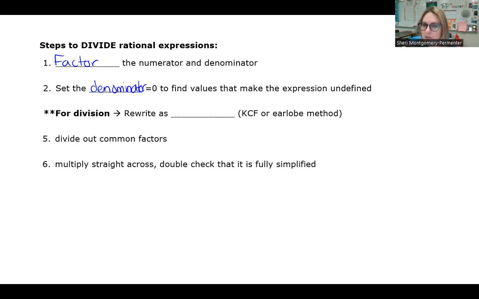Why do we have to check for things that make the expression undefined? Why do we have to do this? Because you can't divide by 0. So since y'all couldn't tell me why, you need to write it down.